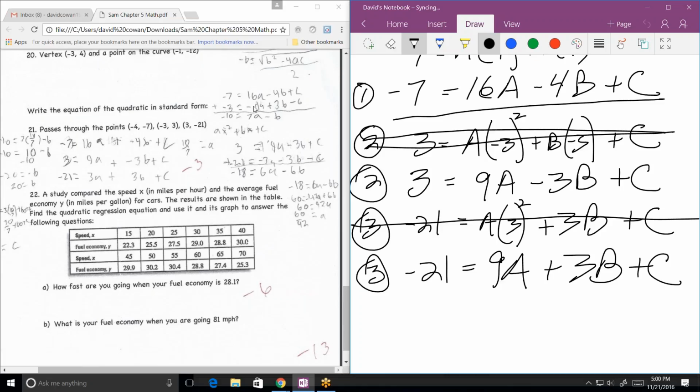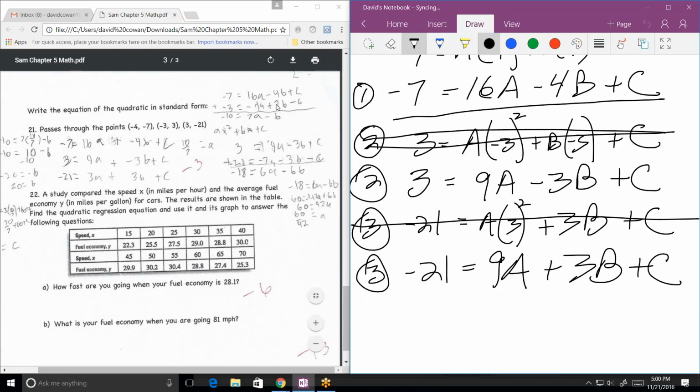Oh, you multiplied the second one by -1? Yeah. What does this say right here that I'm pointing at? That's a 9a. Negative 9a. Okay, which is correct. And then you added the 2 equations to come up with equation 4. And that's correct.